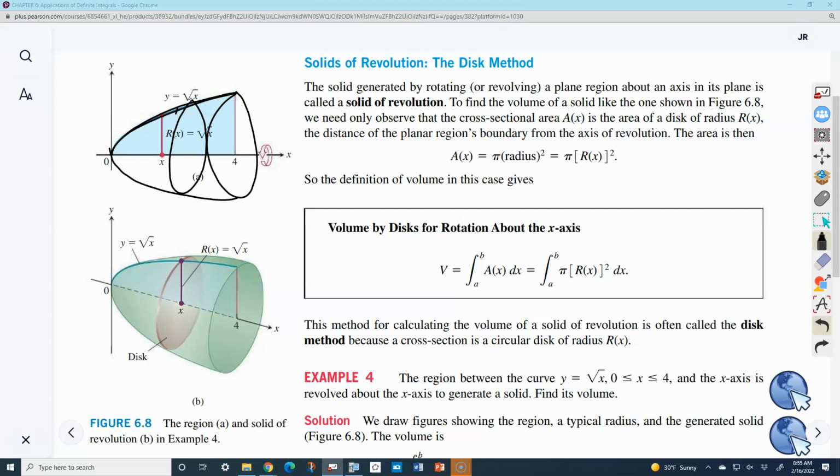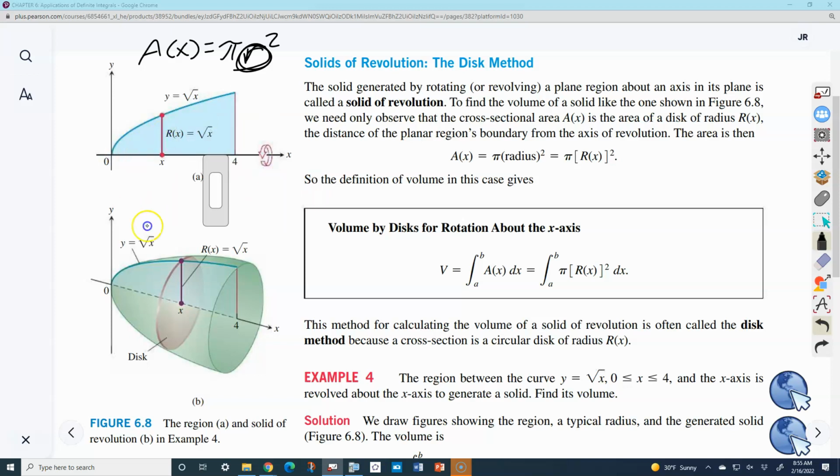So if that's the case, then our cross sectional area is going to be pi r squared because it's a circle. We need to get a formula for r in terms of x. So what is r? This curve right here is y equals the square root of x.